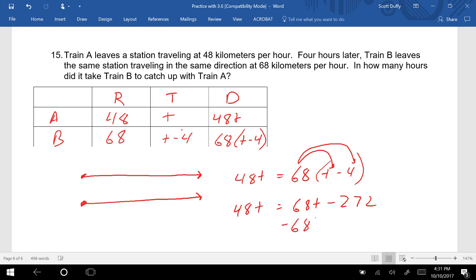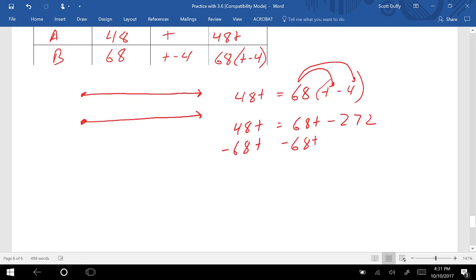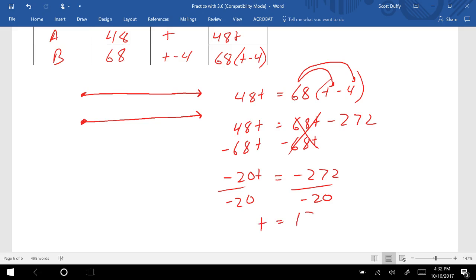Subtract 68t from both sides to get all the terms with letters to one side. So I have negative 20t equals negative 272. Divide by negative 20, t equals 13.6.